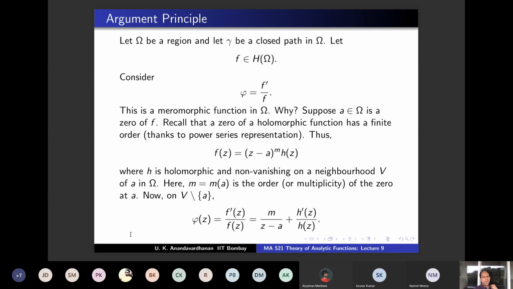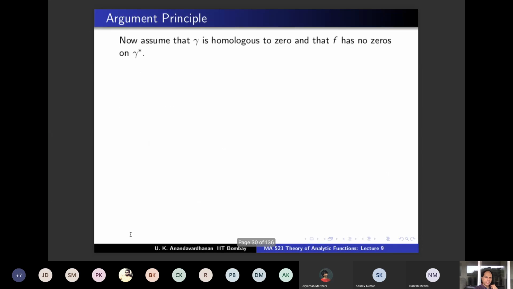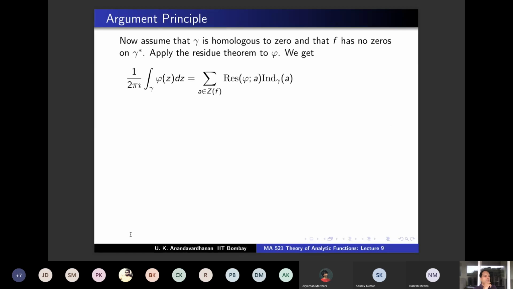Yes. And therefore you can sum up. Yeah, you're right, that's good. So you don't need to know that it is globally of the form f by g. This is completely a local calculation. So this is fine. Good. Yeah, thanks.